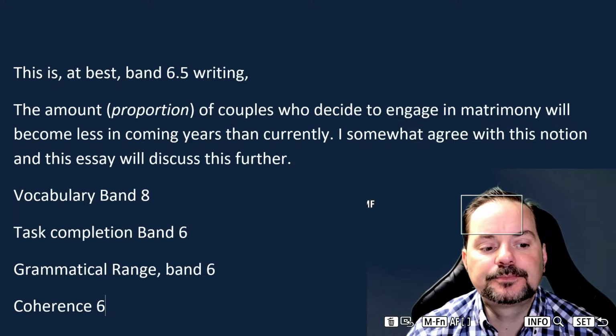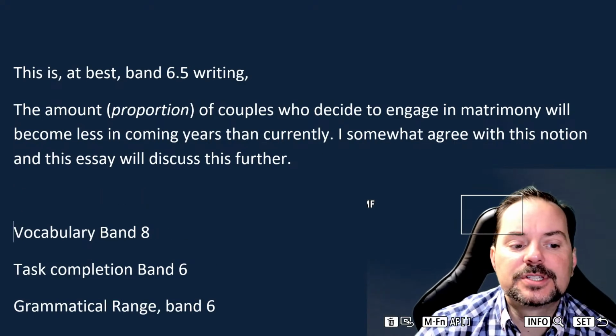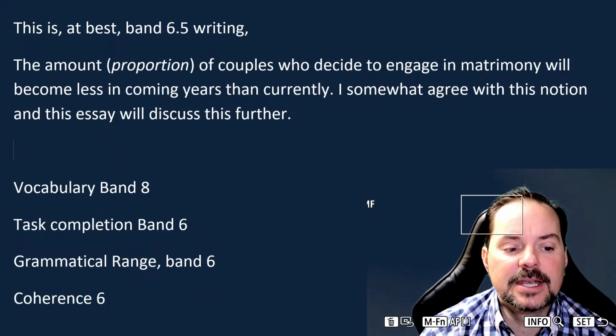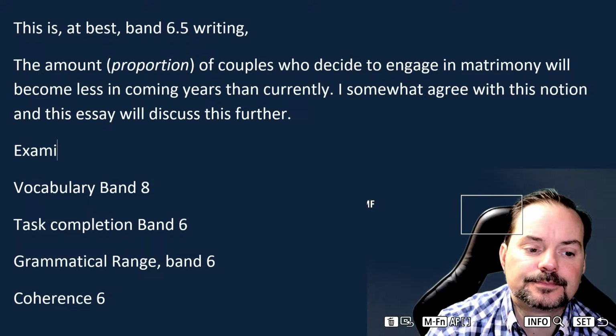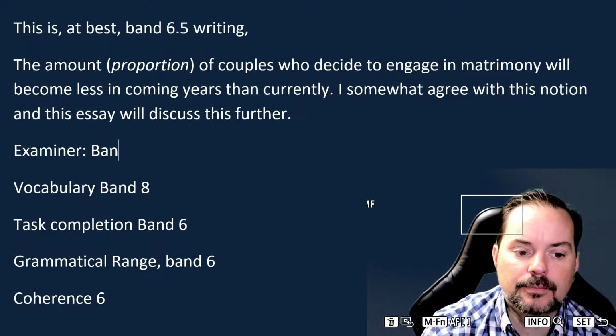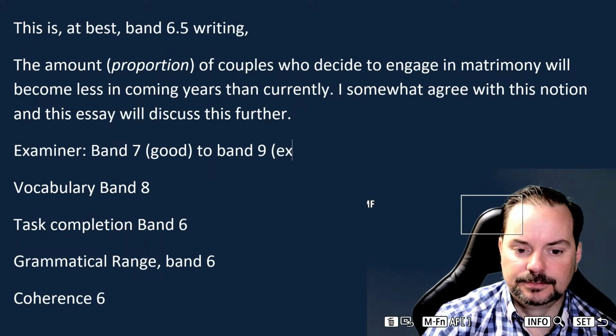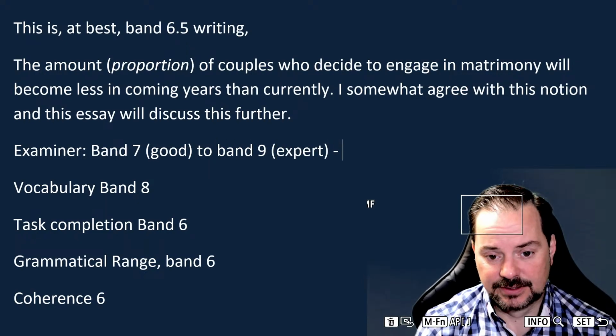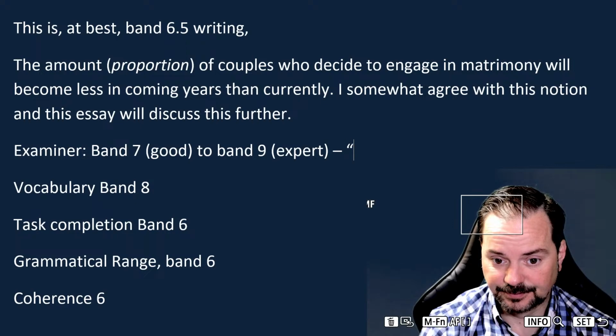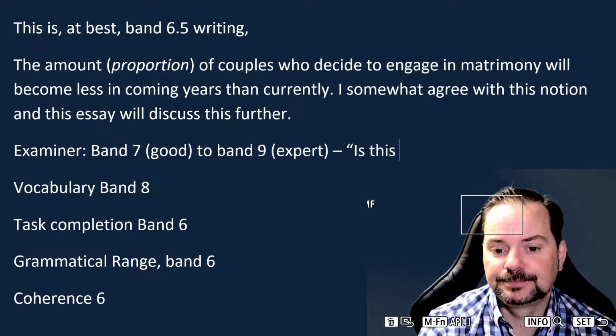So when the examiner is thinking band 7 to band 9, they're asking themselves, is this college or university level?